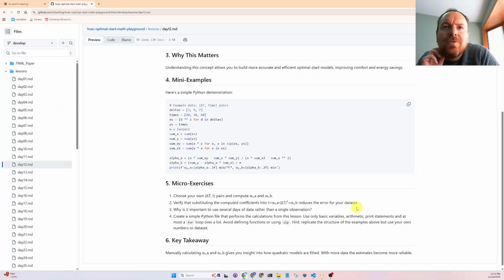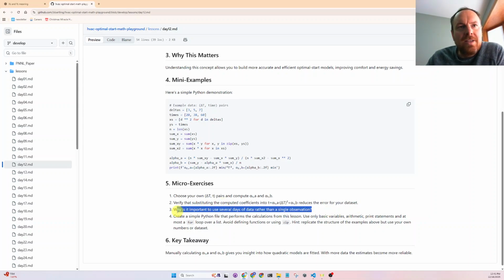Why is this important, to use several days rather than a single observation? I think this is because we just need more data. Generally thinking, the more data, the better your results will be.